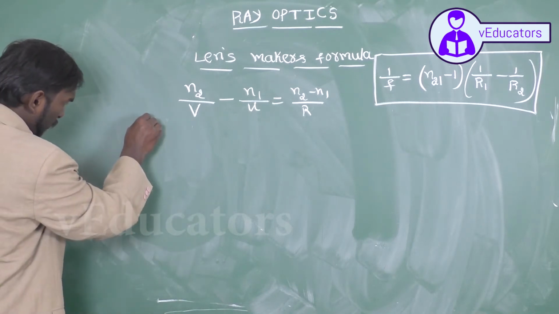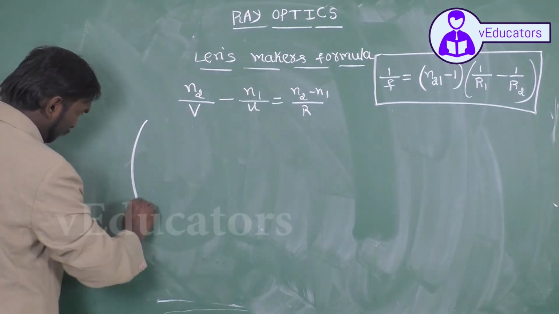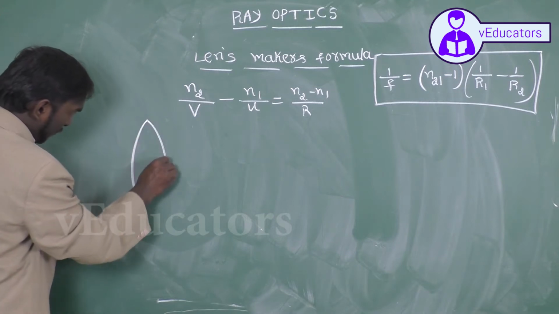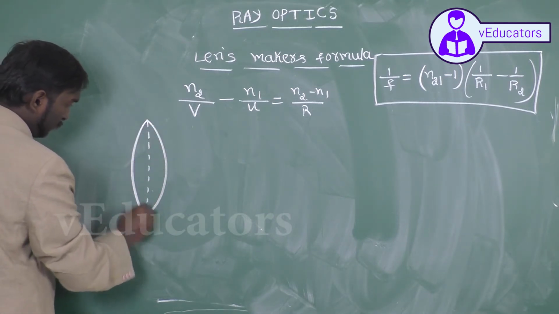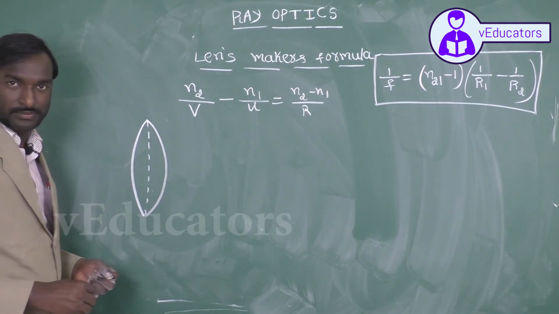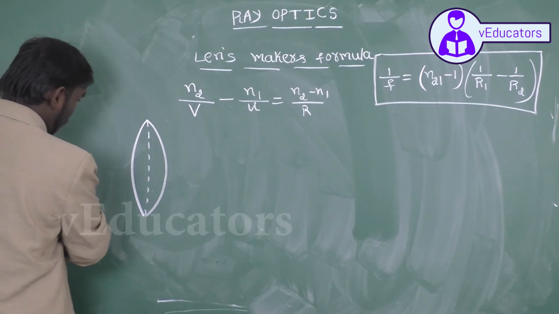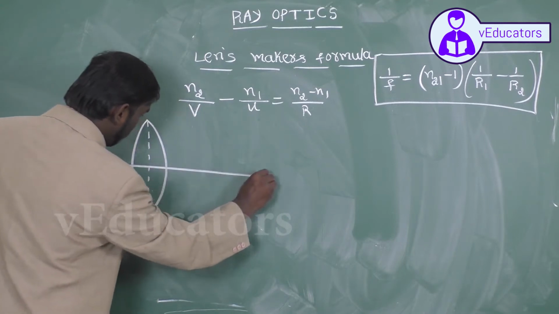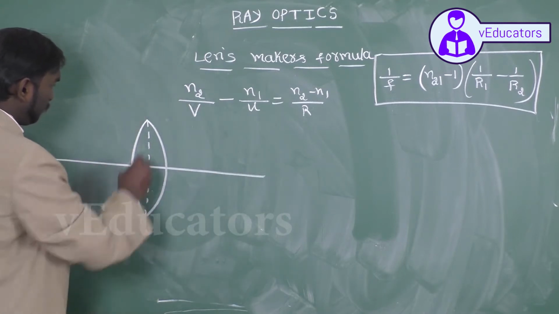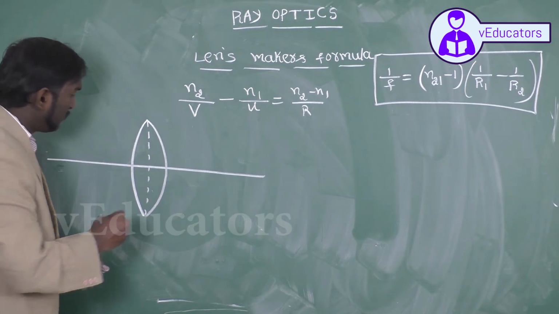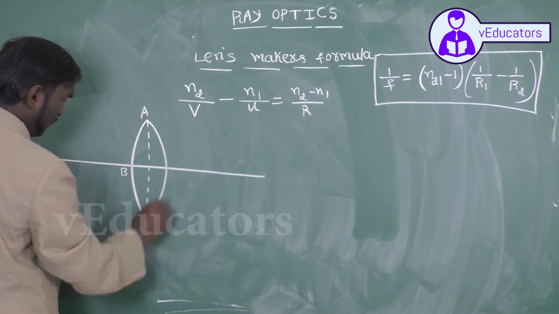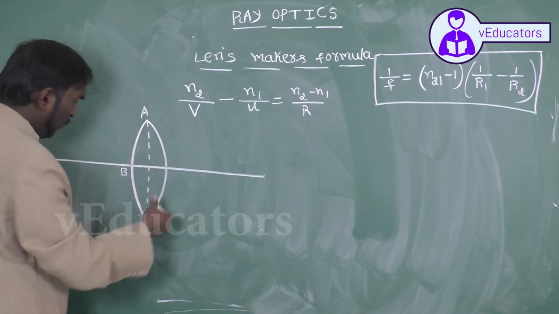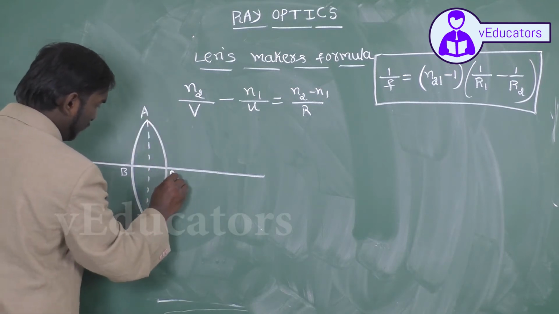First, I'll consider a convex lens. So it's a convex lens and this is its principal axis. It has two surfaces. Let this surface be ABC, and this surface be ADC.